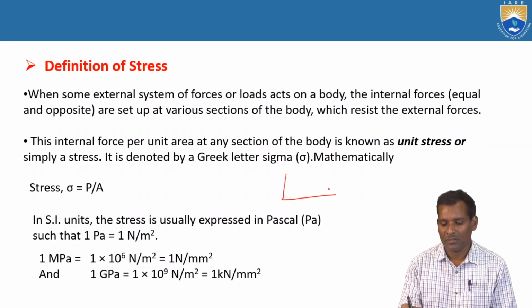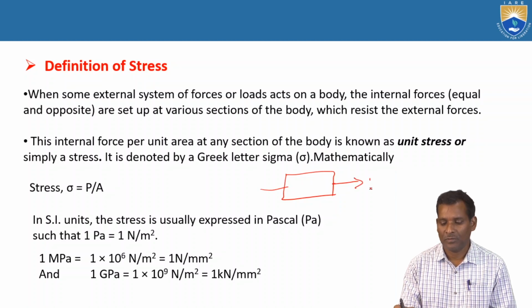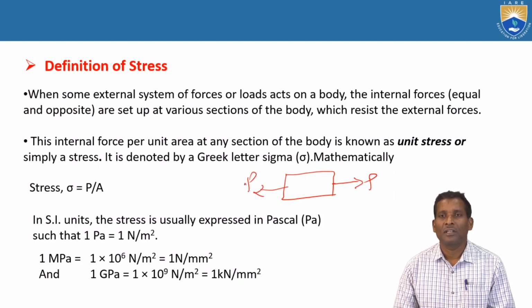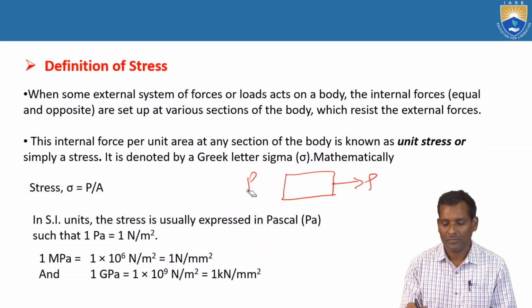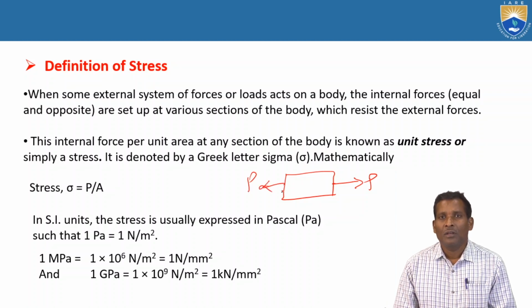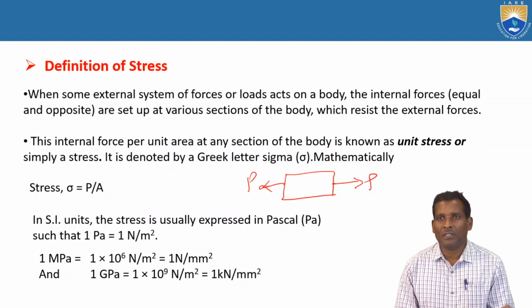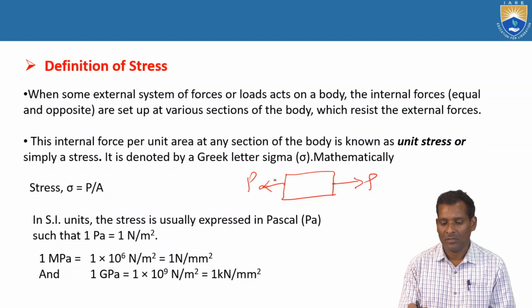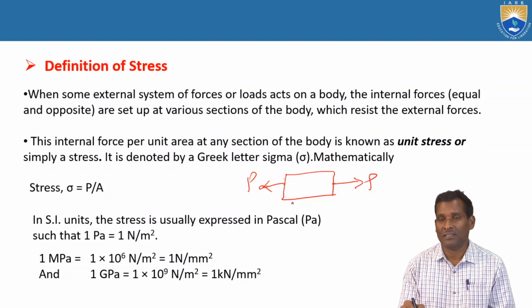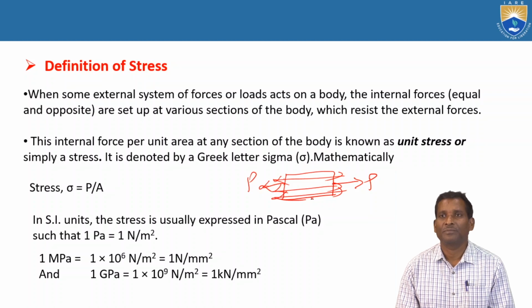Suppose this is a cylindrical object subjected to a load P. Then this type of load is tensile load. Whenever this component is subjected to force or load, internal forces will be set up at various sections of the body. Generally the force lines move like this.